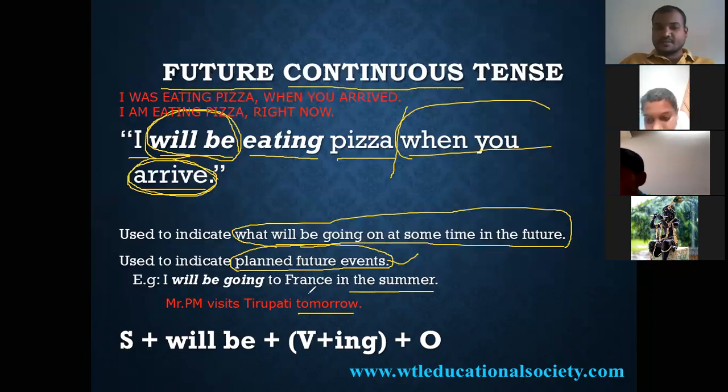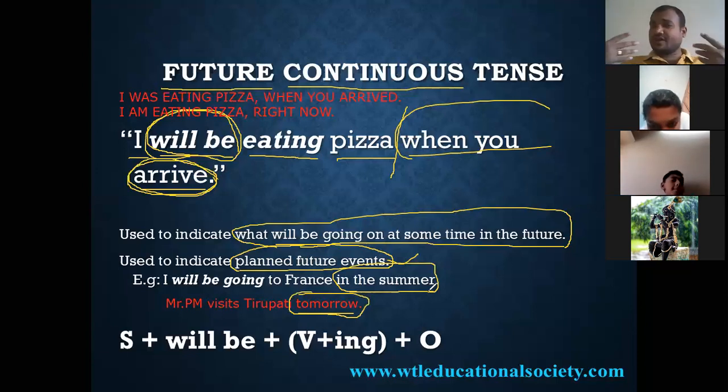Simple present tense means you are giving a particular time when exactly it is going to happen. But in the summer, we don't know when exactly. Summer lasts more than 2 or 3 months, correct? Yes, sir. So in that case we are not giving a specific date and time.